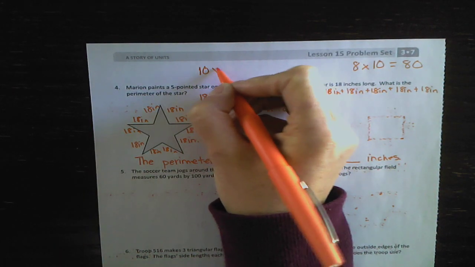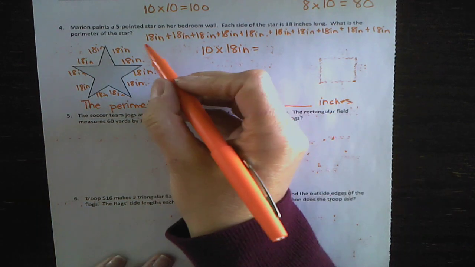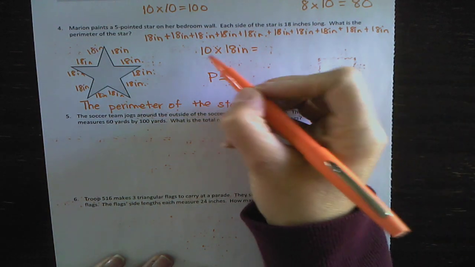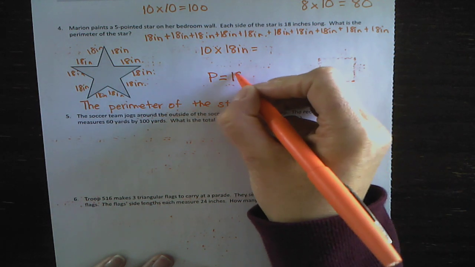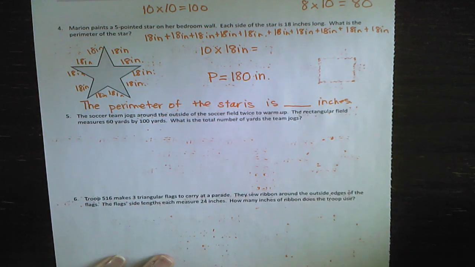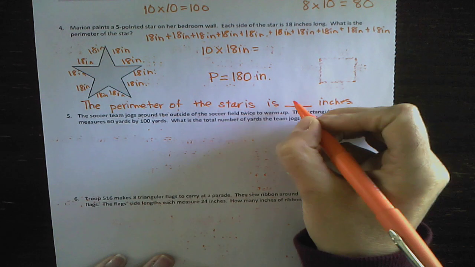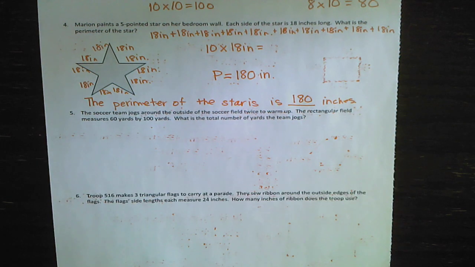If you were to multiply 10 by 10, you would add a 0 to the end of 10. So this is actually pretty simple, even though that looks like a lot of work and those look like big numbers. All we have to do is put in a 0 on the end of 18 and we have our answer. So let's fill in our blank, 180 inches.